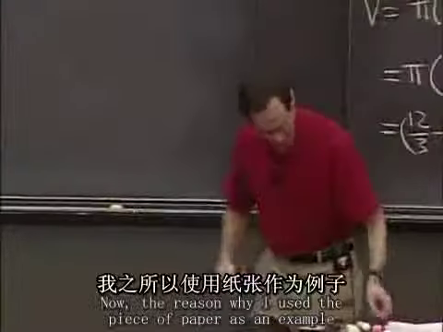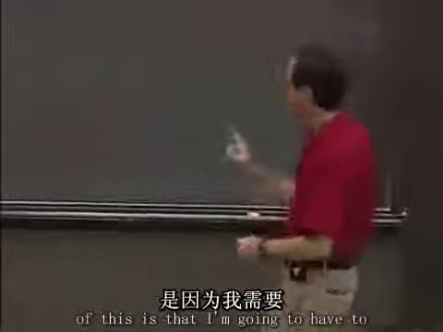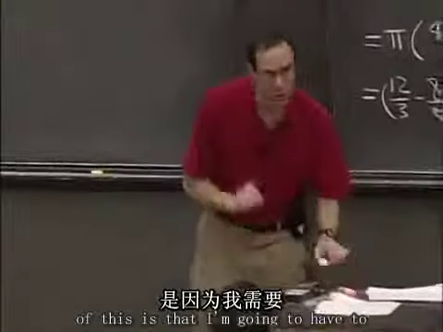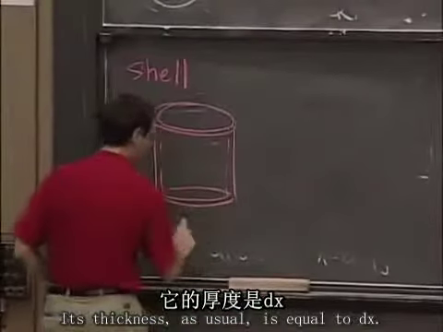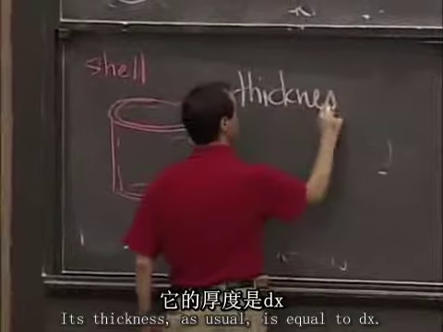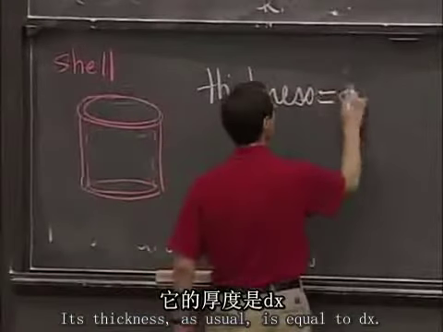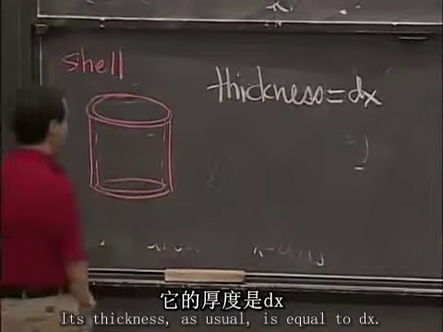All right. Now, the reason why I used the piece of paper as an example of this is that I'm going to have to figure out the volume of this thing. Its thickness, as usual, is equal to dx.